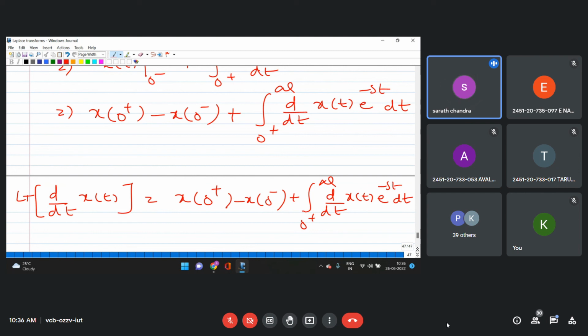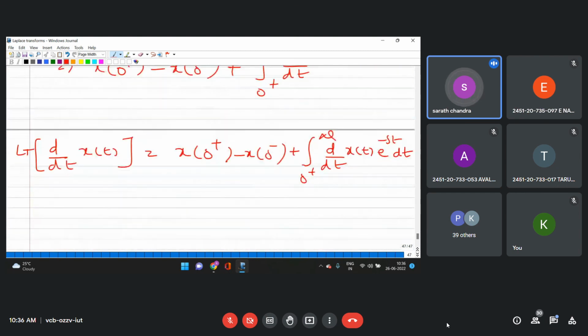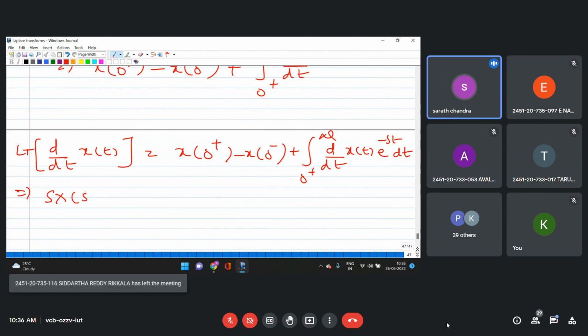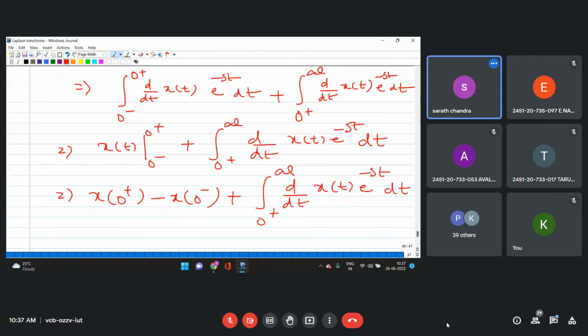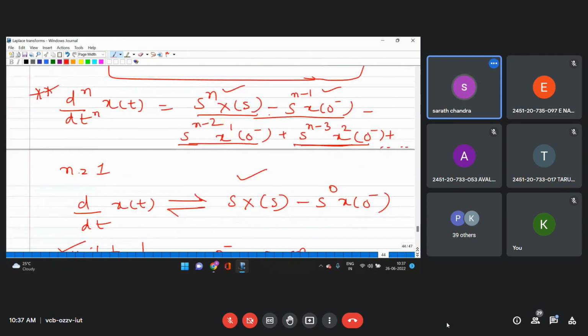But what is the Laplace transform of this? By taking n equals 1, what we have got on the left hand side is s into x of s minus s power 0 into x of 0 minus. This is what we have got initially.